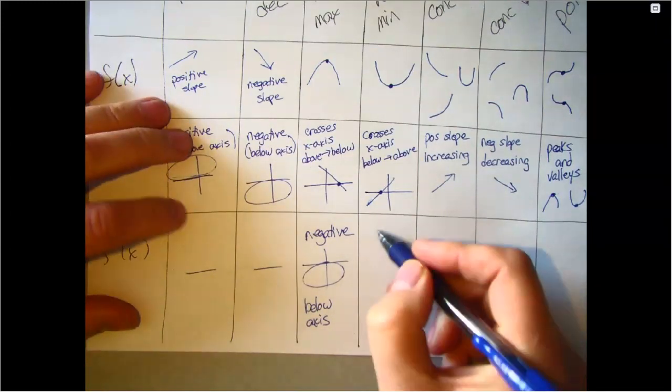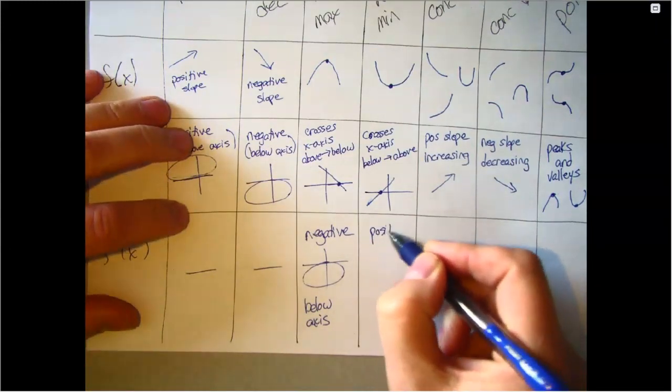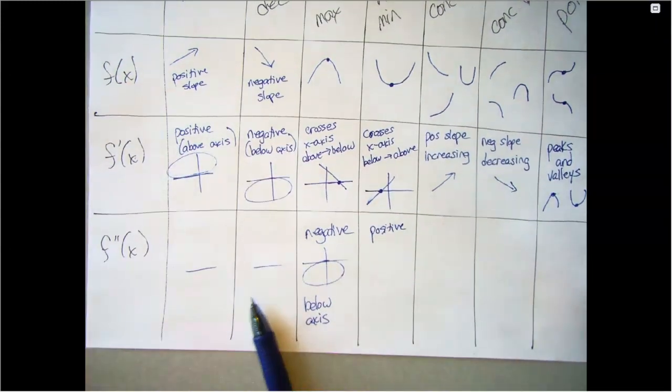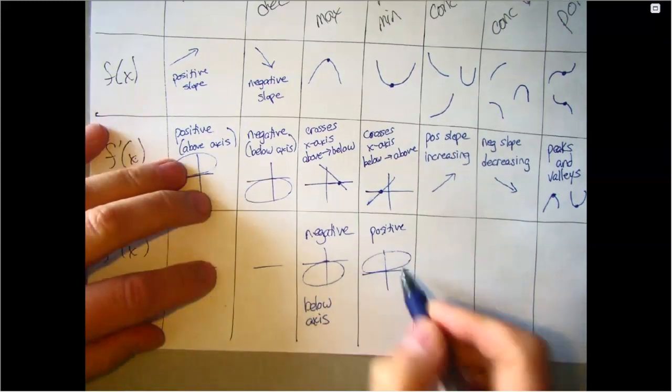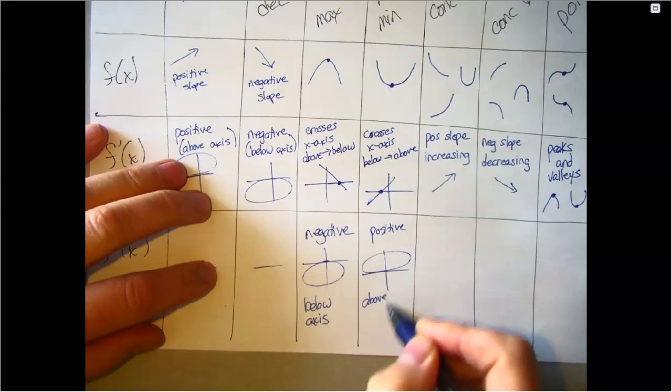Opposite for relative min, right? If I have a relative min, well then I've got the bottom of a U shape, and that U shape tells me concave up. So the second derivative will be positive, or above the axis.